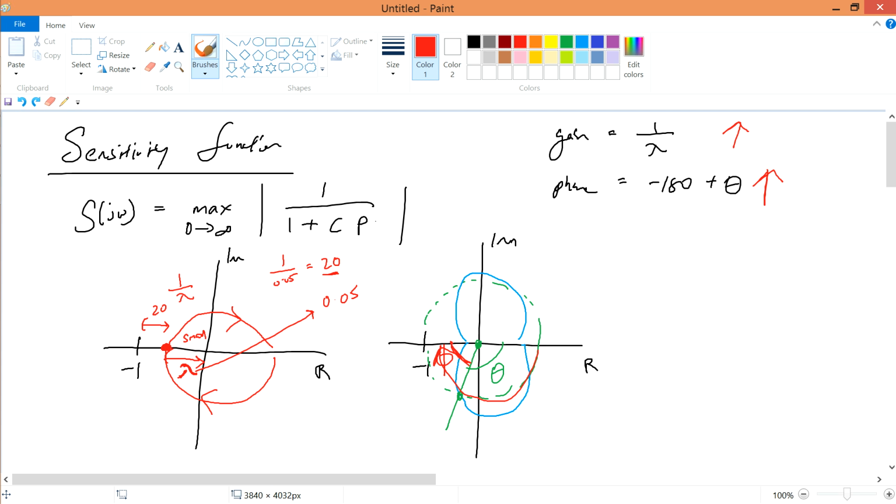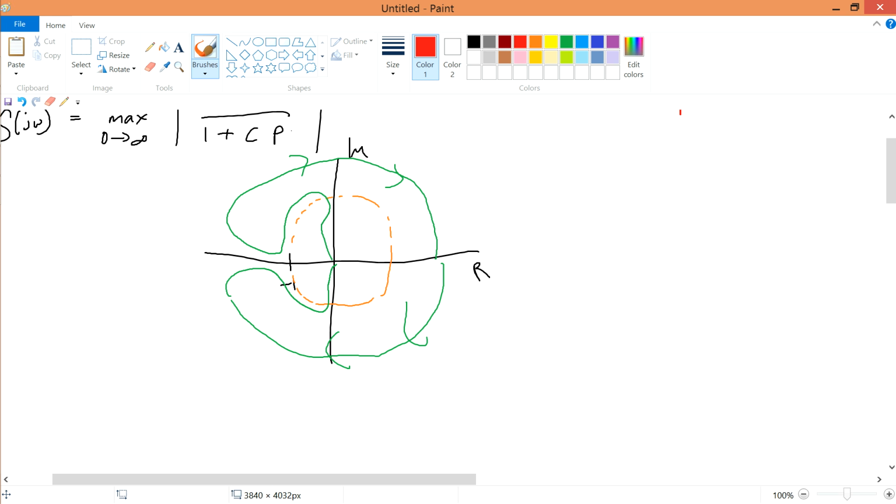Now let's talk about the sensitivity function. However, we have a problem when we're talking about this region right here. At this point we have a very small lambda, so 1 over lambda is a very huge number. We call it infinity because it's really a very huge number.